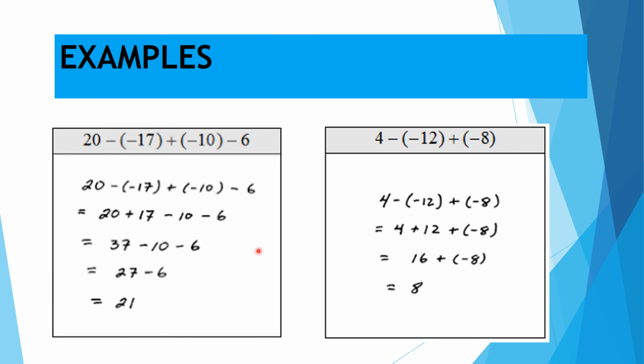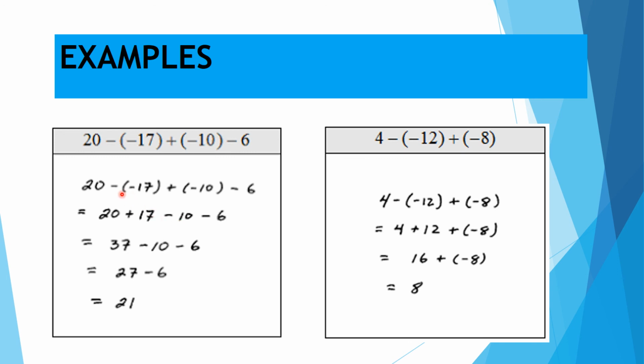Now let us discuss a few more examples. This is the question: 20 minus minus 7 plus minus 10 minus 6. We have already discussed the rules, and according to the rules we will solve this. Now 20 minus minus will become plus, and plus minus will become minus.